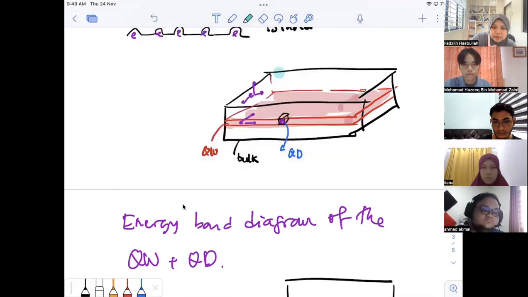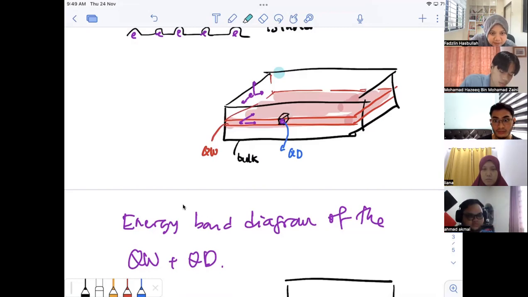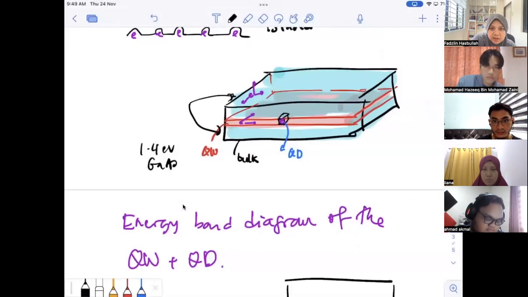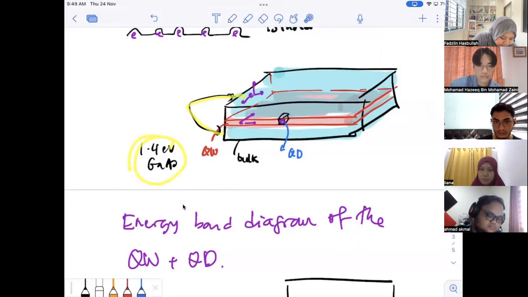yang sandwich dia tu, roti dia tu, alamak, kenapa ni hilang pula? Banyak cubaan. Okay. So the sandwich material ni have to be bigger than gallium arsenide.